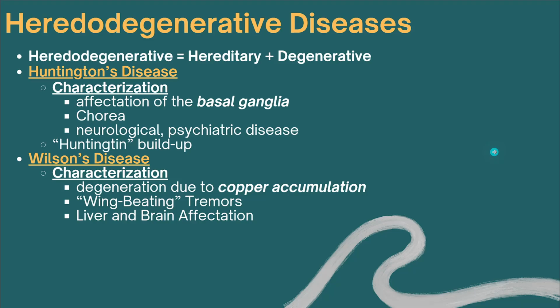So here we have heredodegenerative diseases. From the term, heredodegenerative is just a combination of hereditary and degenerative. Usually the most prominent ones to be compared to Parkinson's are Huntington's disease and Wilson's disease.